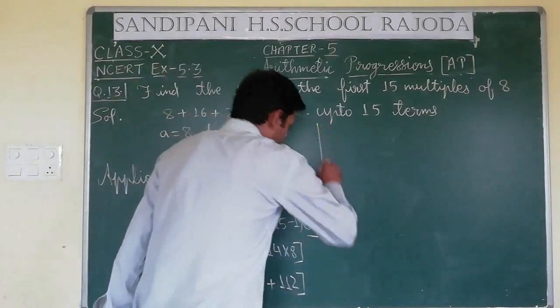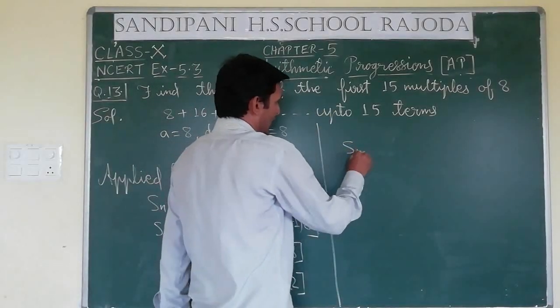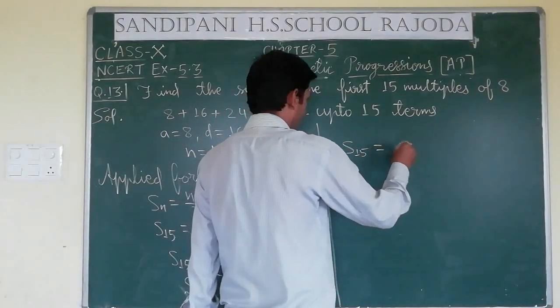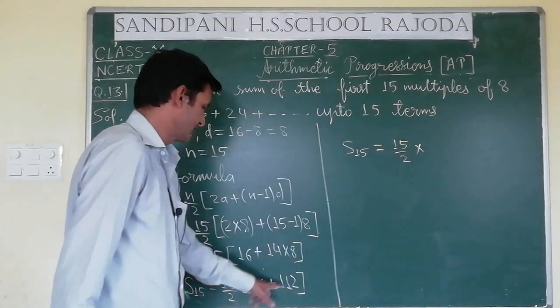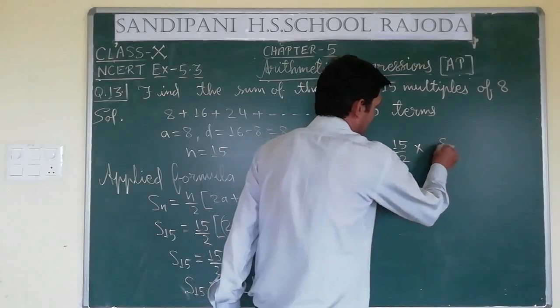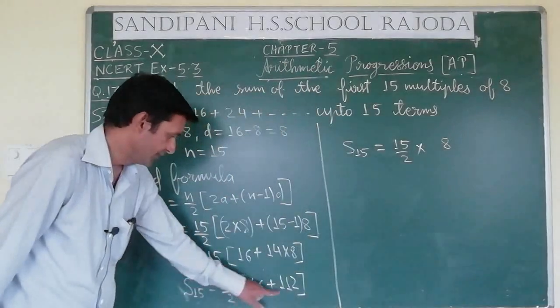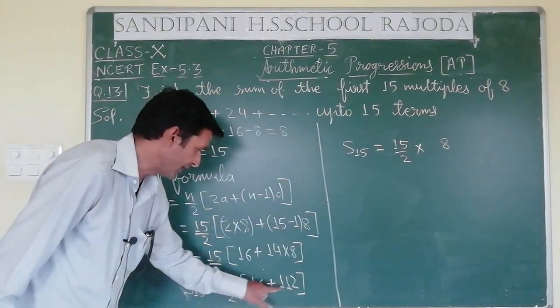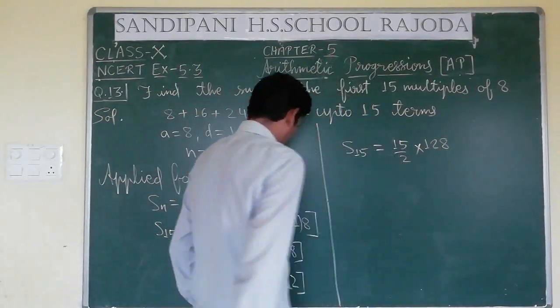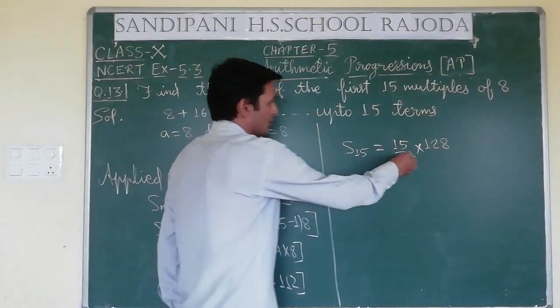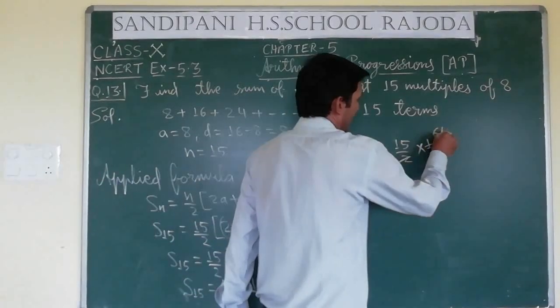So now this sum of 15 terms is equal to 15 upon 2 into 6 plus 2 is 8, and then 1 plus 1 is 2. So 128 it will be. So 2 6s are 12 and 2 4s are 8.